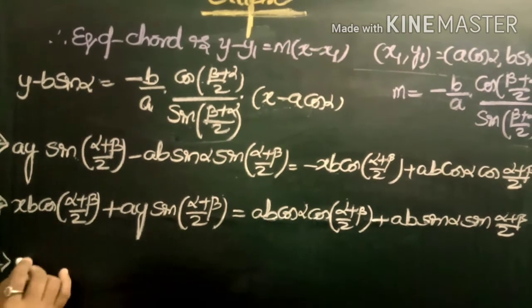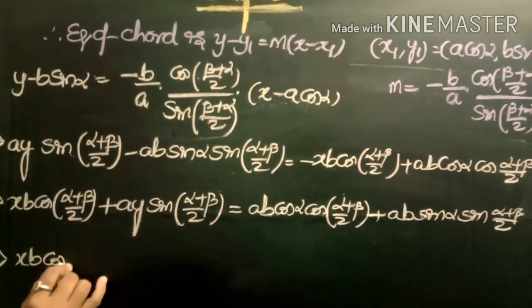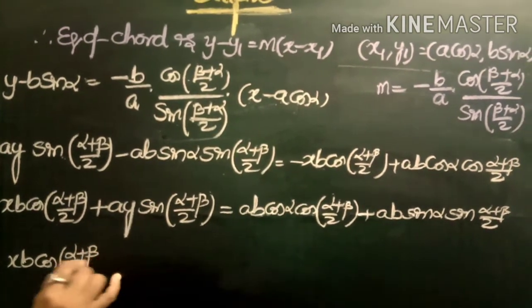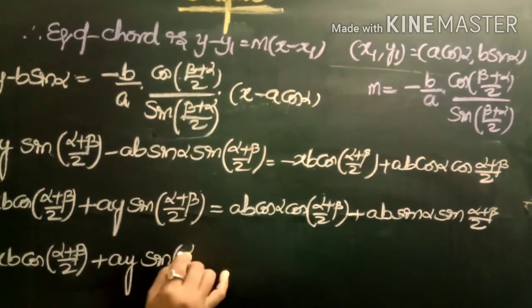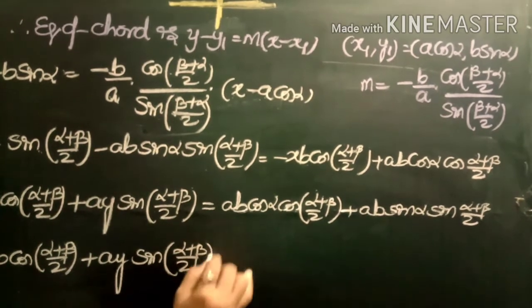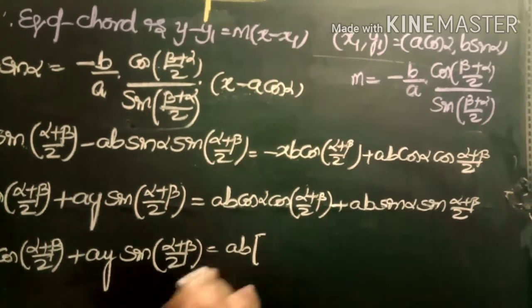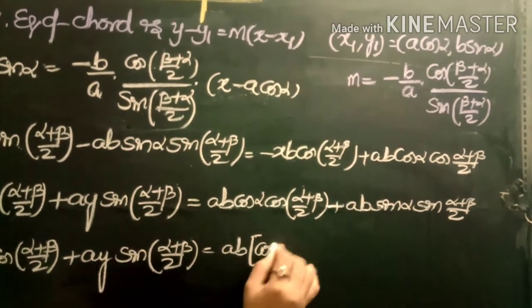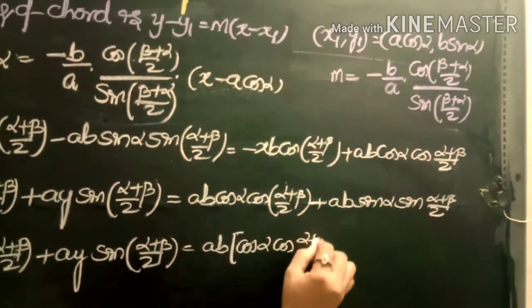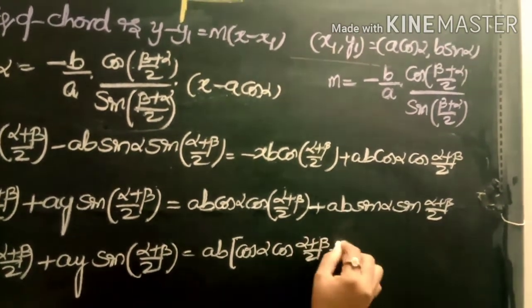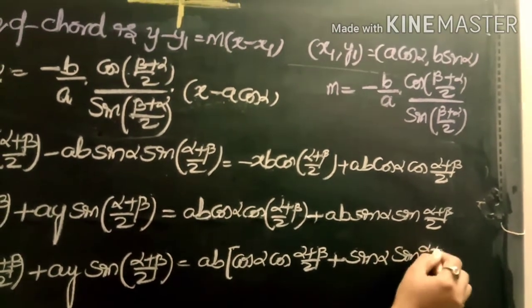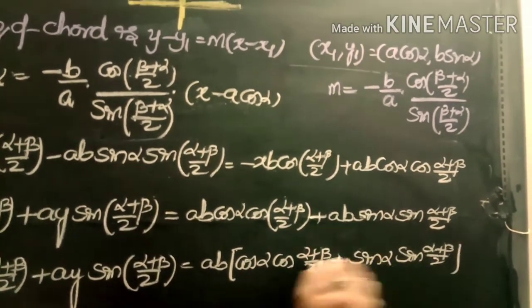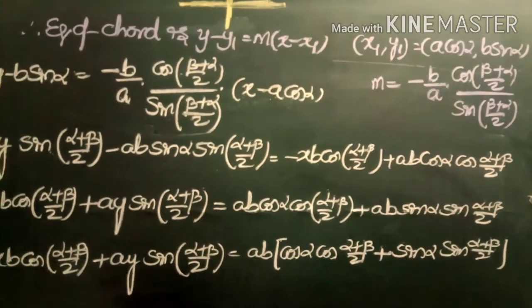Which implies xb cos((alpha plus beta)/2) plus ay sin((alpha plus beta)/2) is equal to, taking ab common here, ab into cos((alpha plus beta)/2) plus sin((alpha plus beta)/2), which is in the form of cos a cos b plus sin a sin b, that is cos of a minus b.